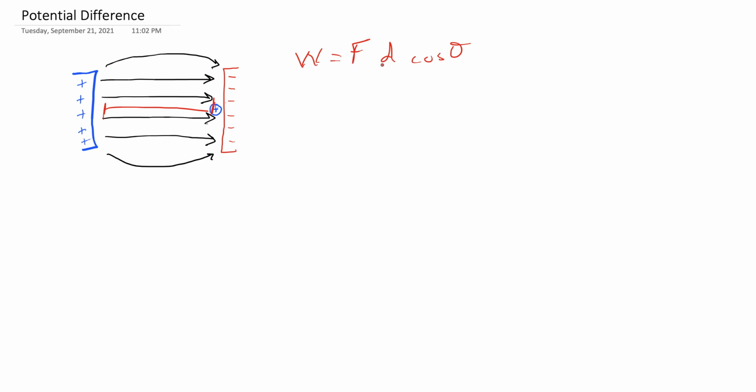Well, it depends on the total distance it traveled inside that, and that force was acting on it. This cos theta, because these are going to be parallel to each other, is going to go to 1 because the angle between the displacement and the force is going to be 0. So the work is equal to the force times the displacement of that object.